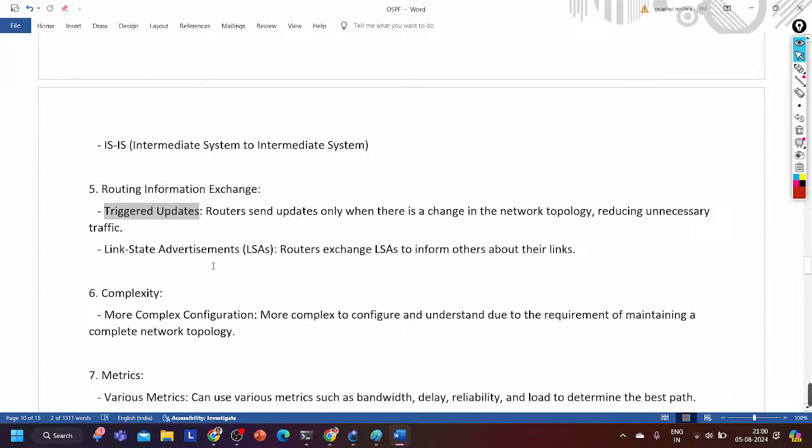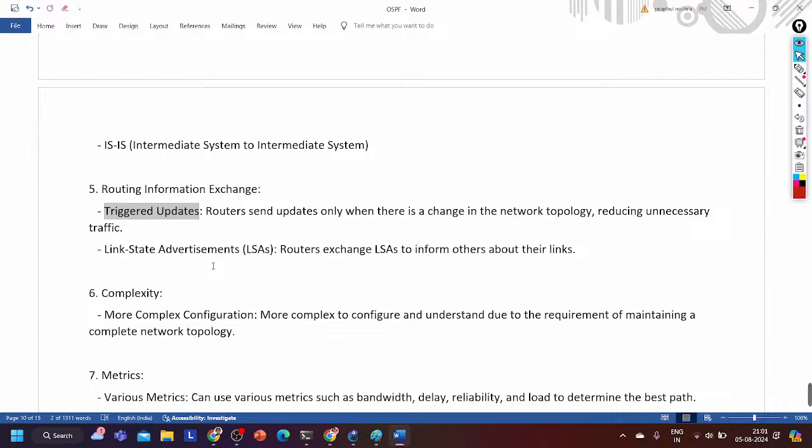So the first time, a router will send complete route information, complete information of their links, but it will not send periodically. After that, it will send an update message whenever a change occurs in the topology.